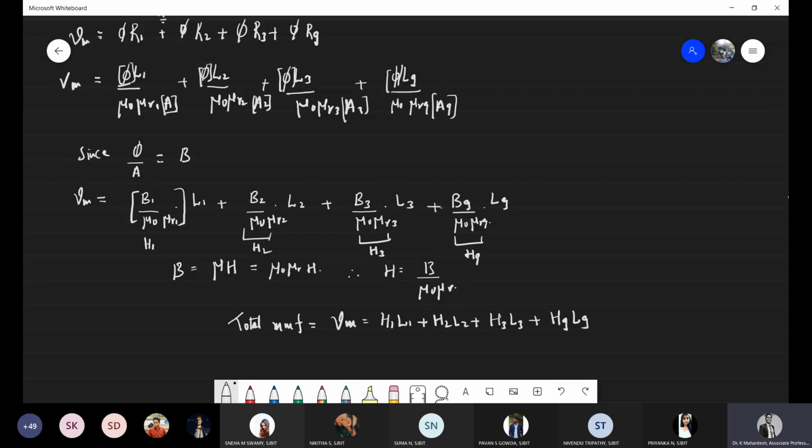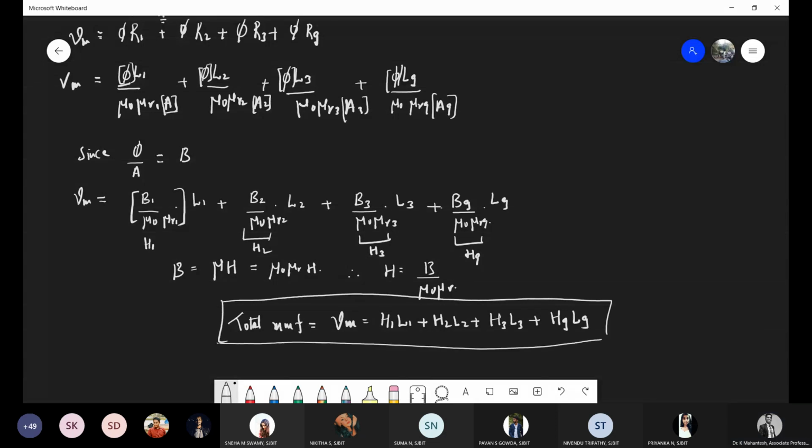So this is the total MMF equation of a series magnetic circuit. This is in ampere turns. Here also you could see H is measured in terms of ampere per meter and length is in meters, giving ampere turns. So this is something like the current again with the length.